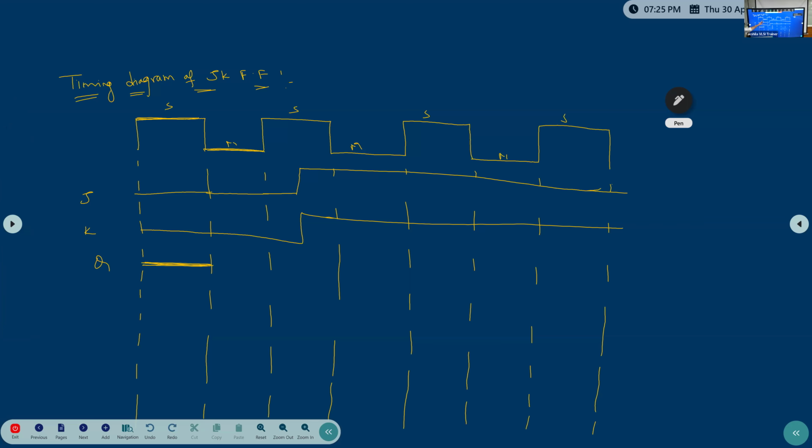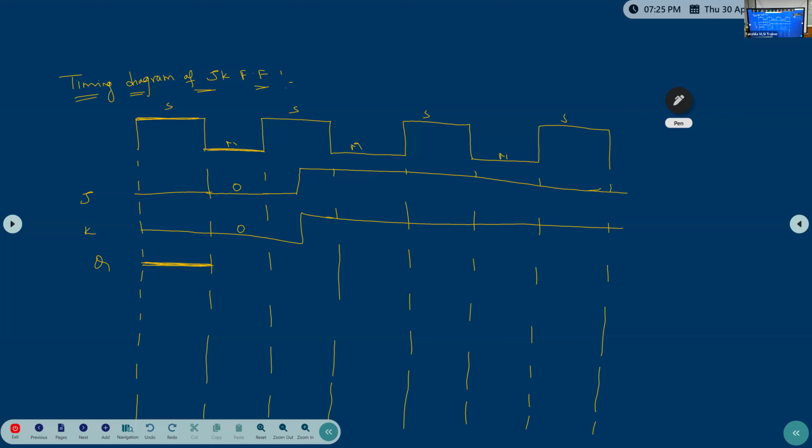So now master is coming. When enable is 1, in this time only it will turn on. When the negative level comes, it will check what is the J value. J value is 0. What is the K value? K value also 0. So both are 0, what will it do?